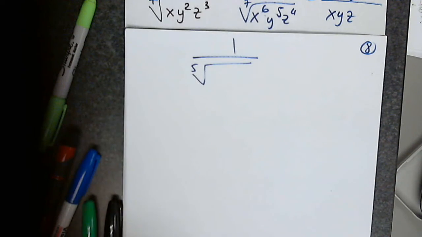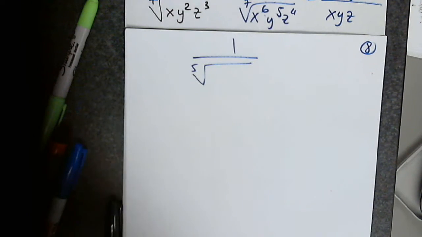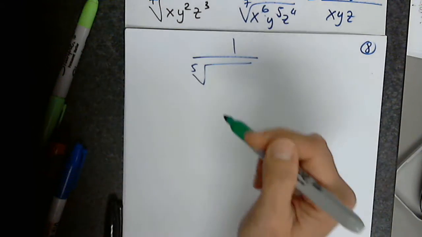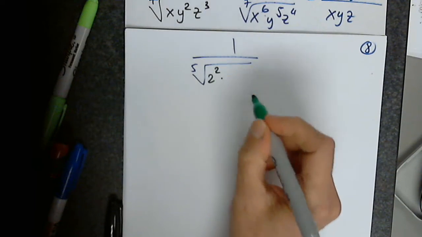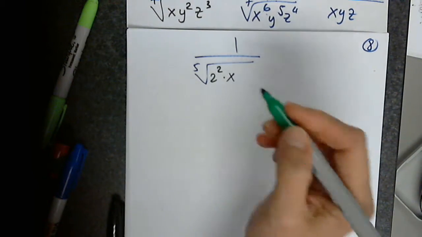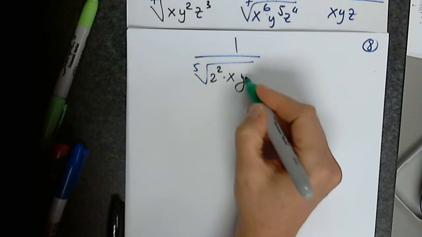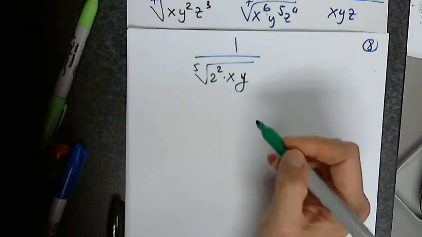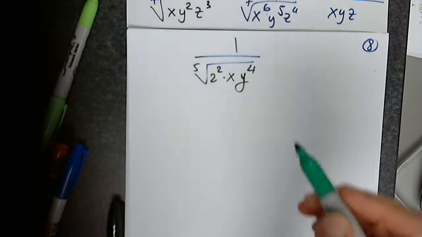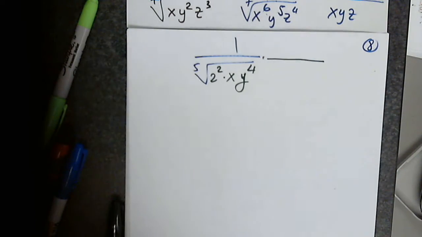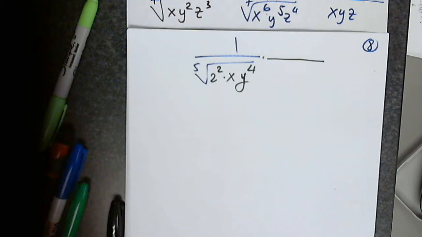And now make up something underneath the radical. Let's say 2 squared. Let's say x. And let's say y to which power? 4. Very good. So think for 1 second and tell me what to write.